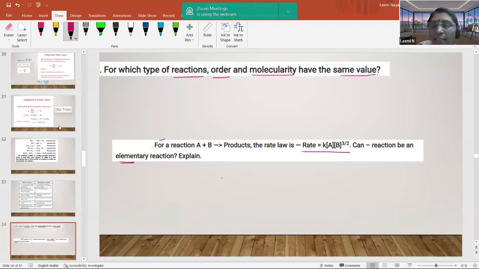So what is the coefficient here? The coefficients should have been 1 and 3/2. So it is 1 plus 3/2, which makes it 5/2.